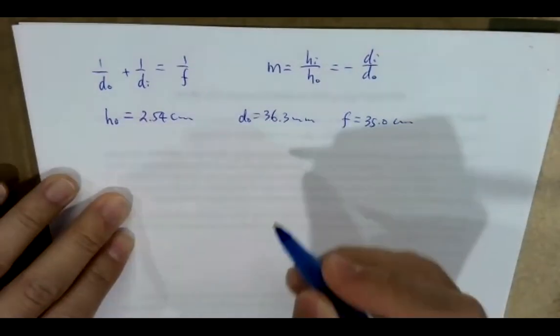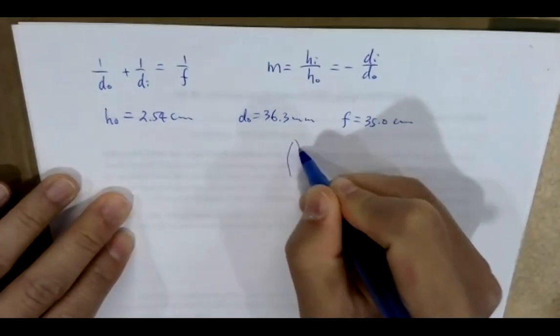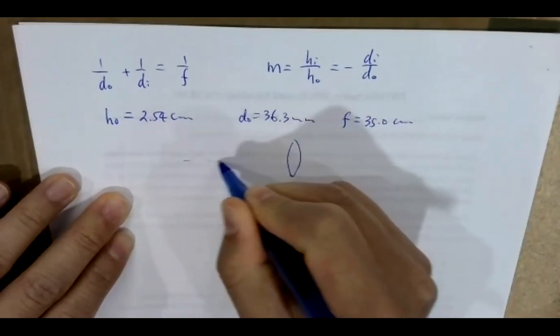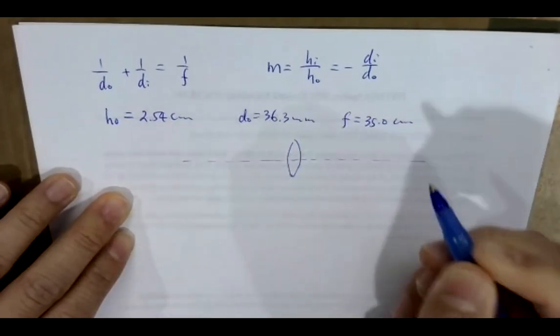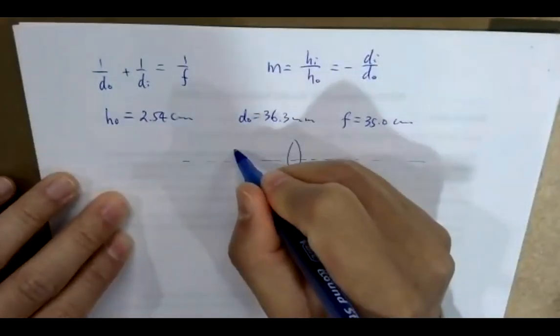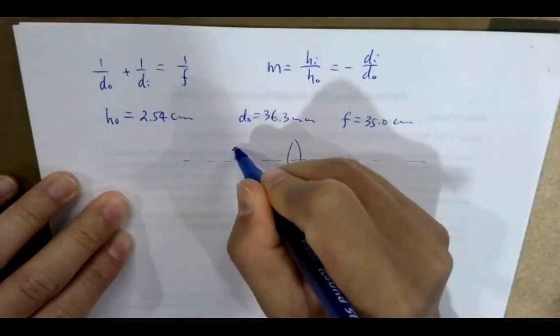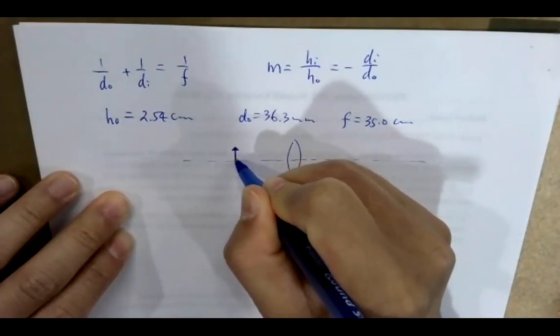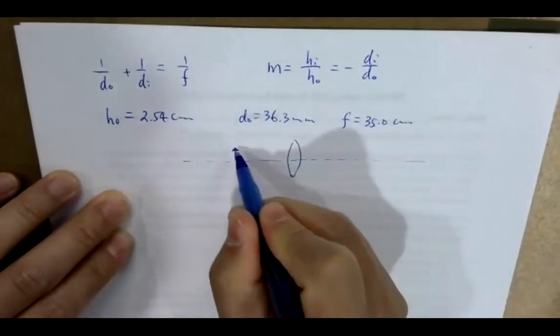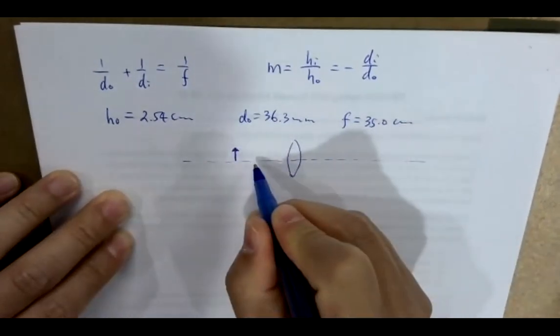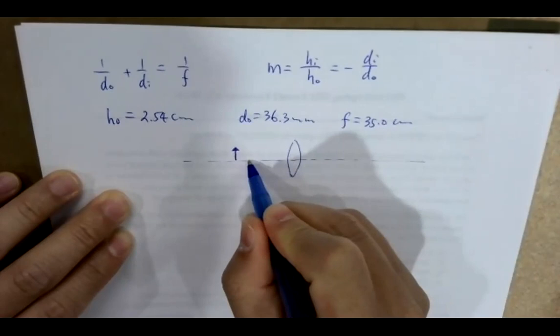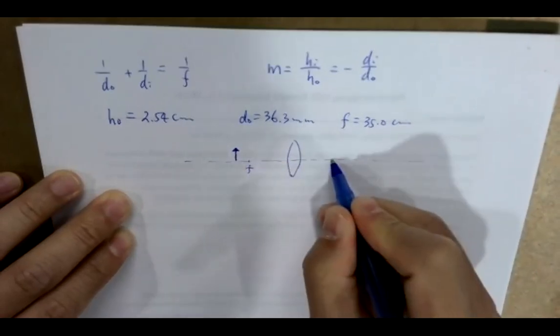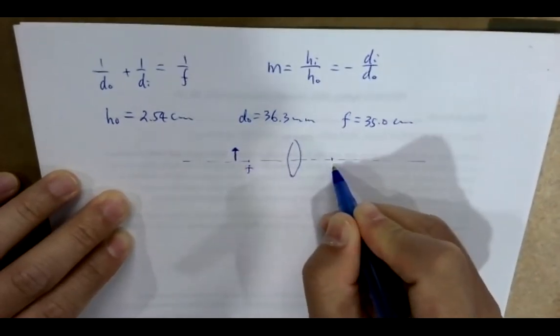You can draw a ray diagram to help you visualize the problem. You can put just an arrow as the object here. So this is 35, so this is the focal point somewhere here, and also a focal point on the other end here.